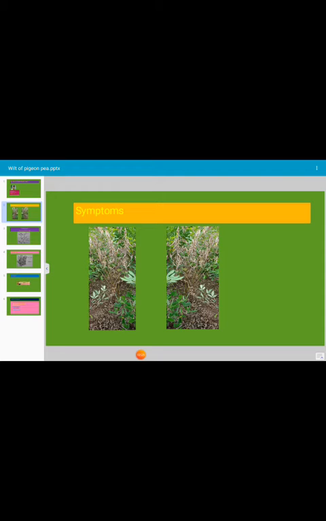The plant dries up gradually, step by step. Finally, the entire plant completely dries up, and in severe cases of infection, more than half of the plants in the field may dry up, and heavy losses of the crop occur.